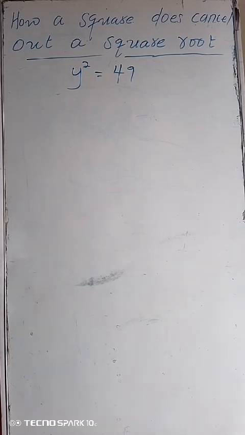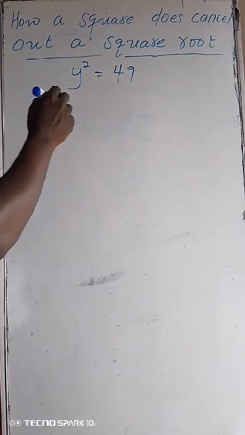The idea is to eliminate the square so that we can get y. So we normally say square root both sides, and this is what happens.